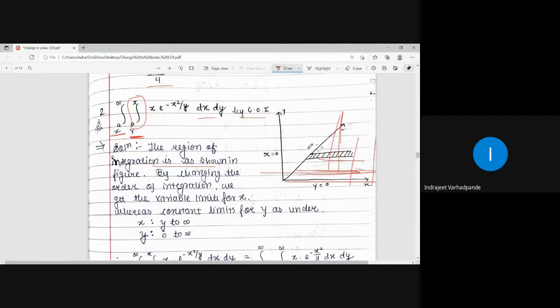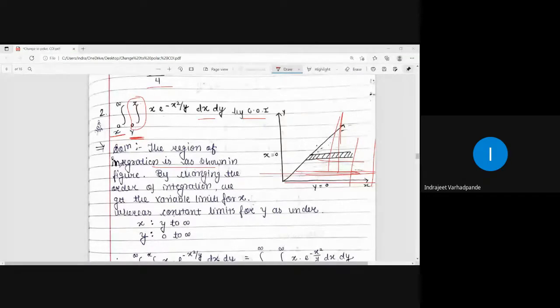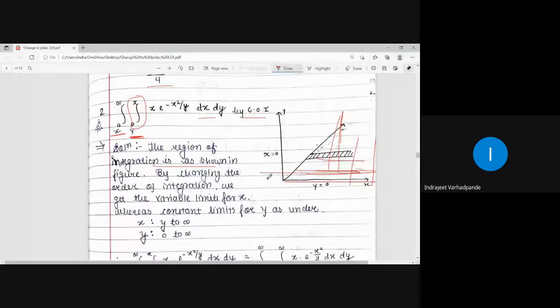So we have to literally leave this particular part because it is not getting covered by the boundaries whatever are provided. So accordingly we will not have the integration to be done in that case, and we cannot simplify it further. So ultimately, whatever it will be, the equation y is equal to x over here, the region of integration is as shown in the figure.